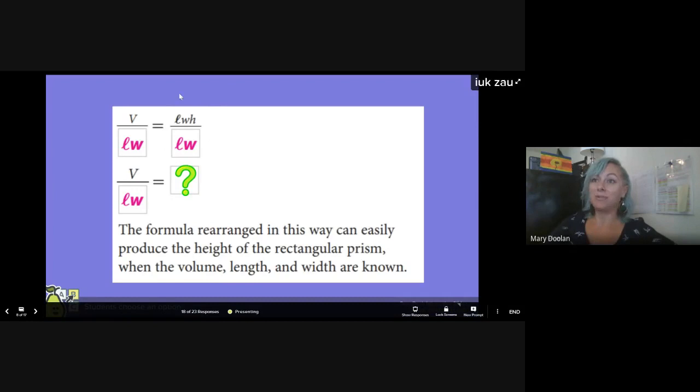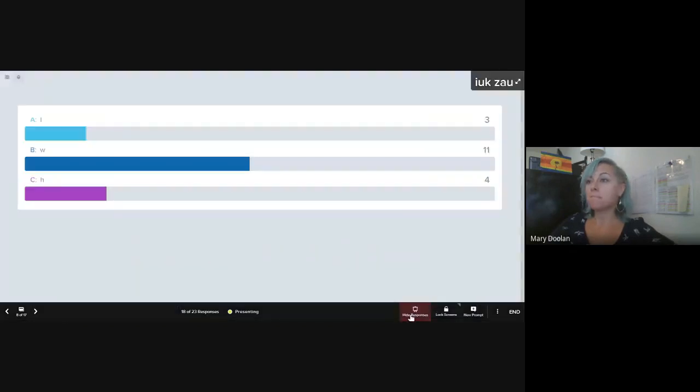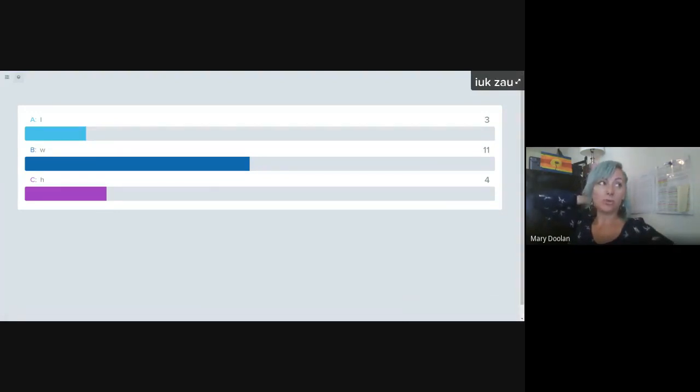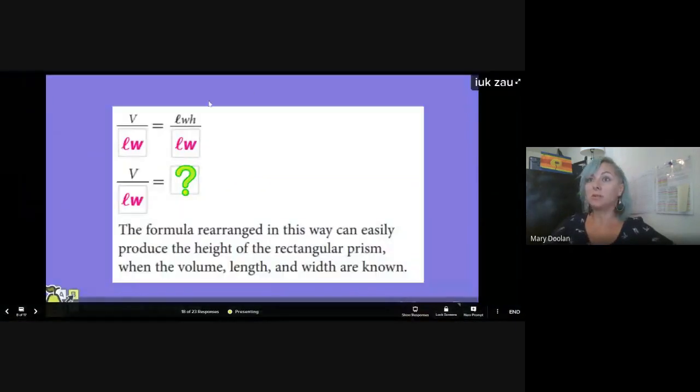Basically, when I simplify the right-hand side of the equation, what is left? So I'm going to show our responses that we have so far. And most of you have said W. But in our problem, there's a W in the numerator and a W in the denominator.